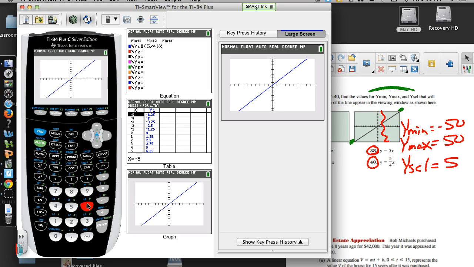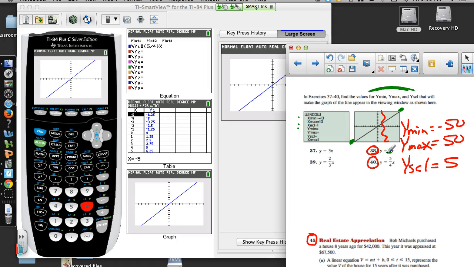And I think about what I had to do last time with that window, and I realized this value of the y was 5. And I took it times 10 in order to get that 50 and negative 50. So now I look at this one and I think, you know what, that's 1.25.